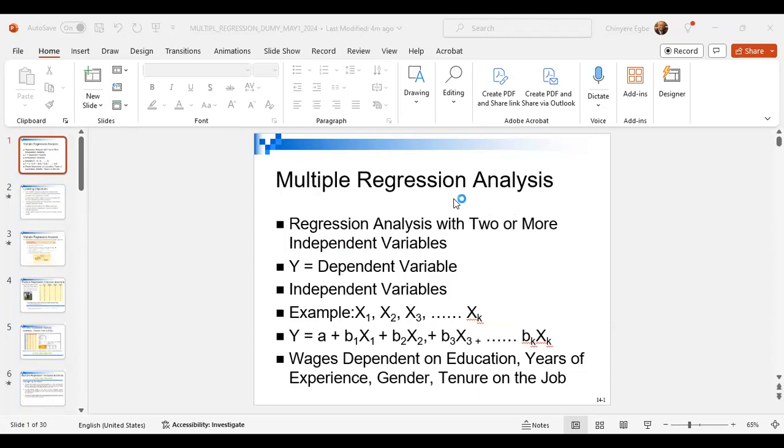One is called a dependent variable and the other is called an independent variable. Let me stop this share of multiple regression and go back and briefly review simple linear regression the way we talked about it. So I'm going to go through a quick review of simple linear regression, and then we will get back to our topic for today.